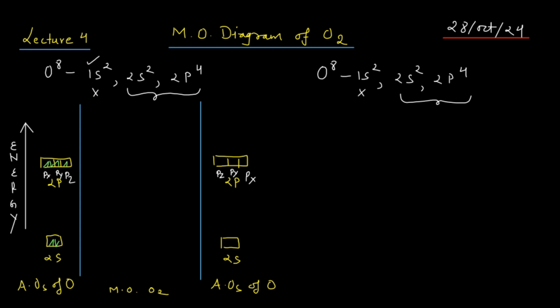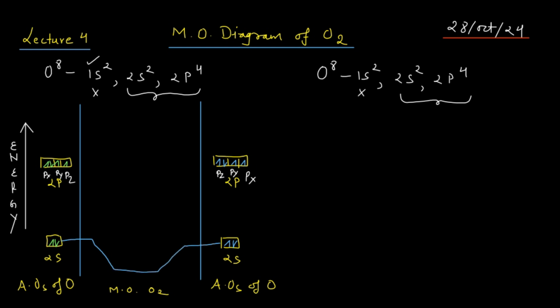Similarly, I can fill 6 electrons here also, 2, 3, 4, 5, 6. Beginners can focus on the filling of the electrons. How am I doing it? I am following Hund's rule of maximum multiplicity. That's why I am filling these electrons in that particular manner. So the first very important feature is that these two atomic orbitals will combine to give you the molecular orbitals.